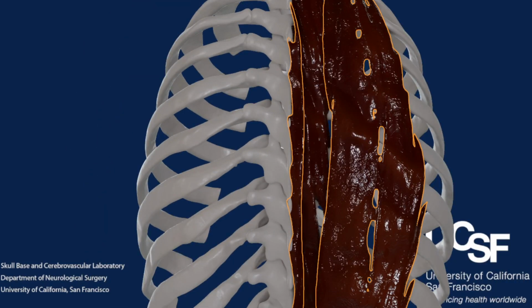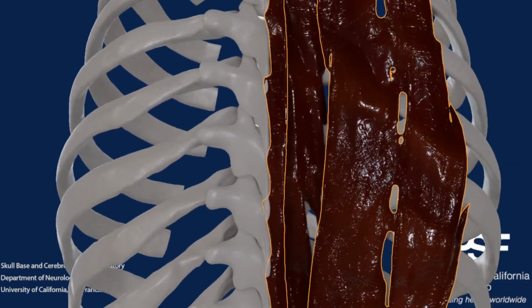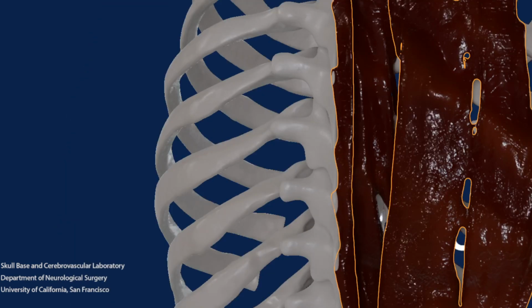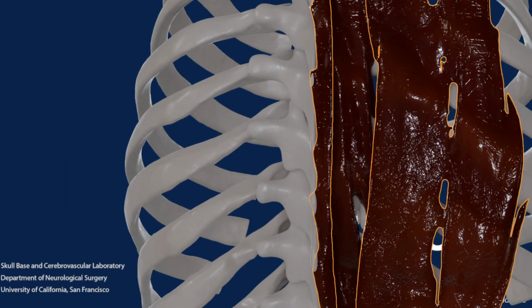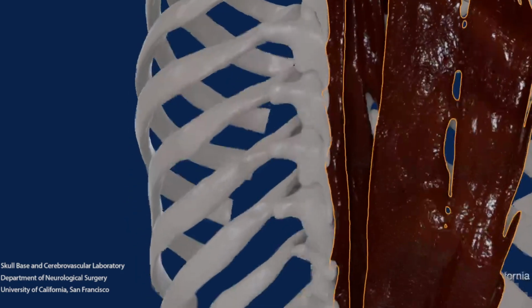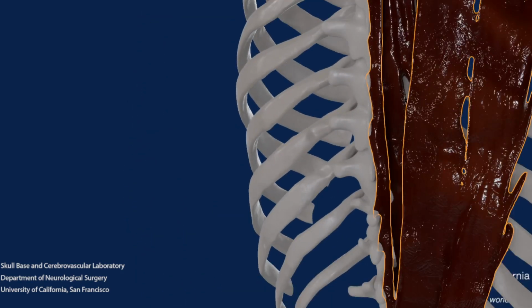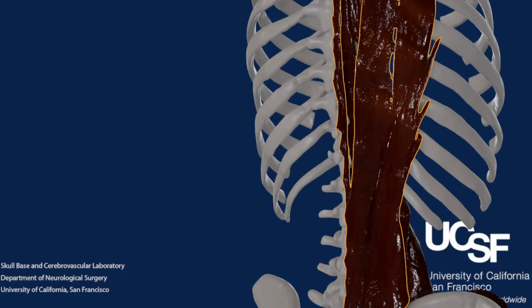So these groups of muscles are the iliocostalis laterally, the longissimus more medial, and the spinalis muscles lying practically at a sagittal level.